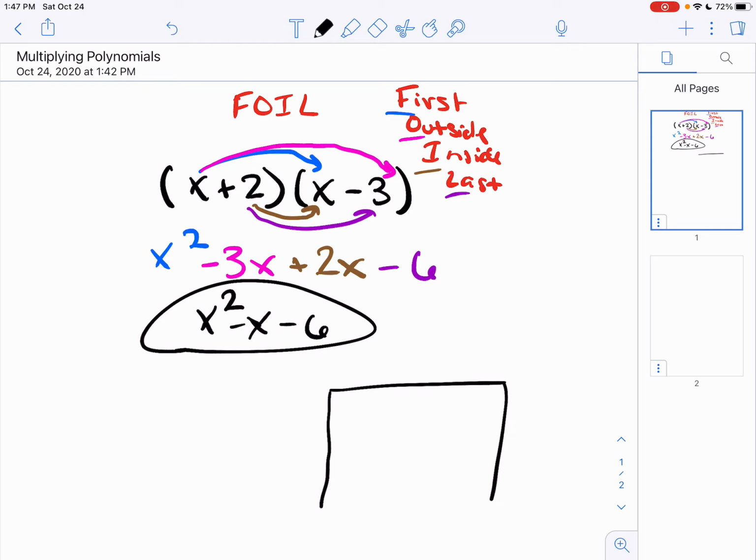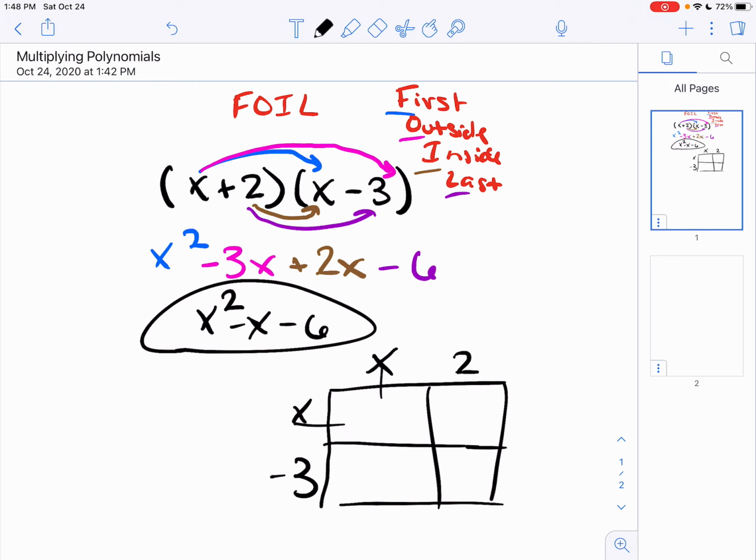Another way that you've been able to do before is the tabular method, which is where you make a box, and we have our two binomials here, x plus 2, x minus 3, and we multiply. So I have my x, I line it up, x times x, x squared, x times 2, 2x, negative 3 times x, negative 3x, negative 3 times 2, negative 6.